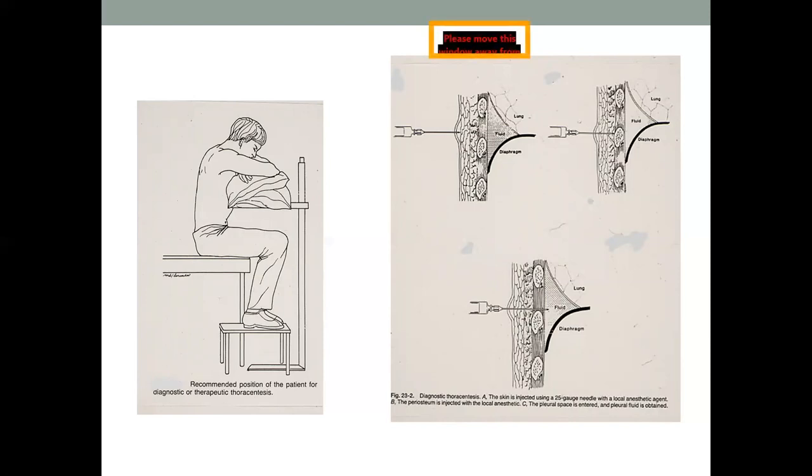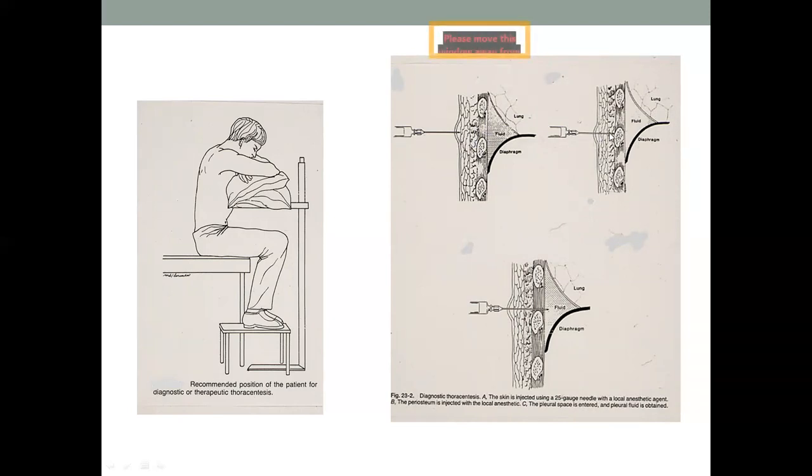Local anesthesia is given to the skin, then to the subcutaneous tissue, and then down to the parietal pleura, and also to the upper border of the lower rib.